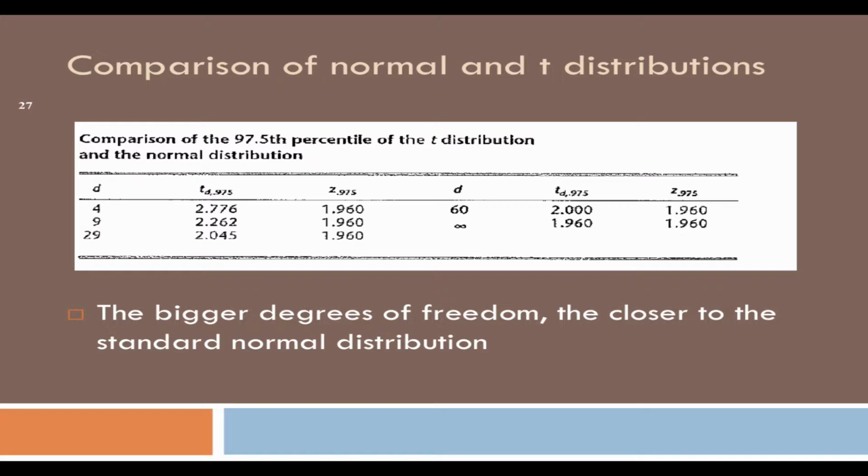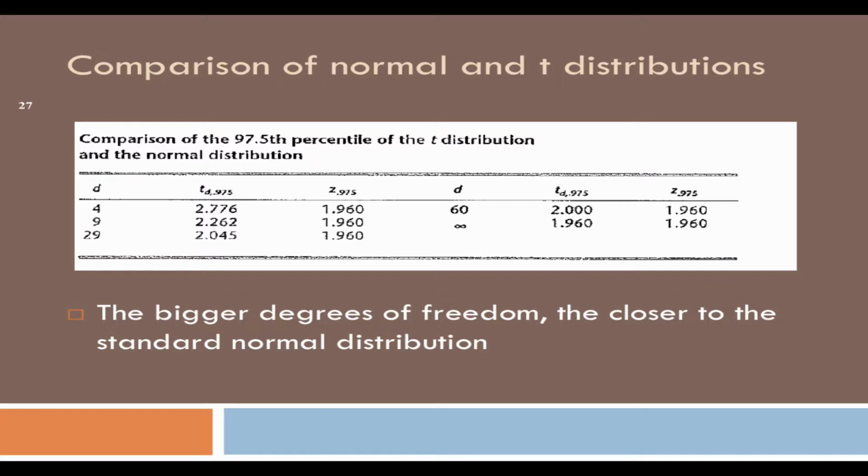So for the same alpha, let's say this is degrees of freedom of 4, this quantile, intuitively, should be bigger than 1.96 because the density is heavier on the tail.